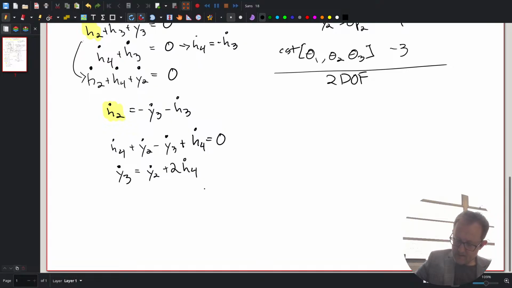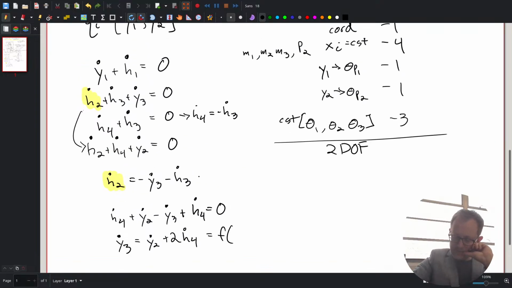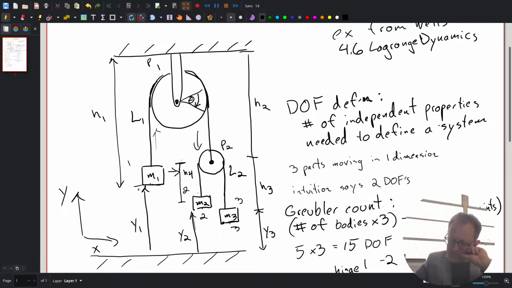And so I have a function of h4 dot. I feel like y1 should be in there, right? h1 plus h2 is a constant.